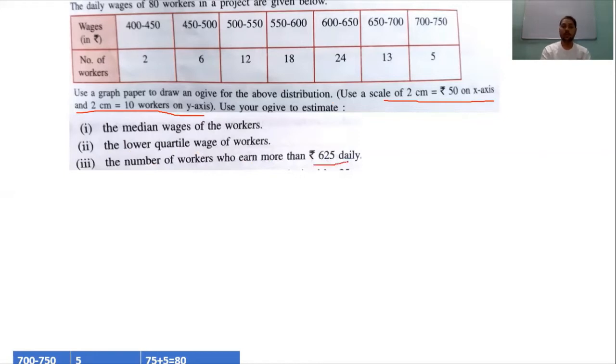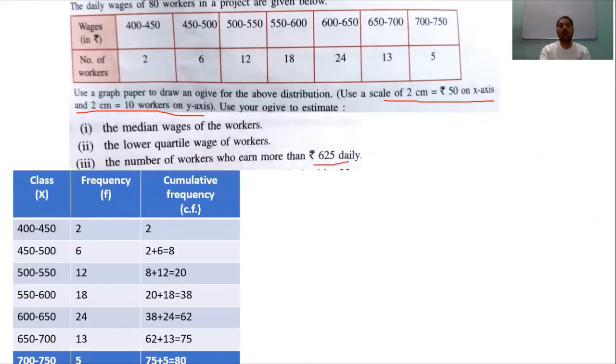So again we'll draw a table from 400 to 450, 450 to 500, and we'll find the cumulative frequency here. The last value, that is 80, will be your n. So n is equal to 80 here.